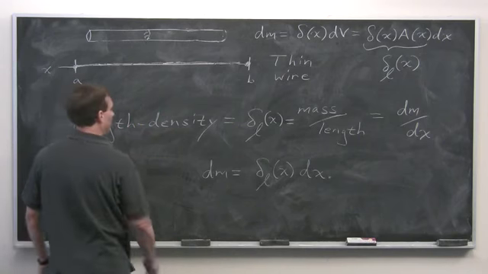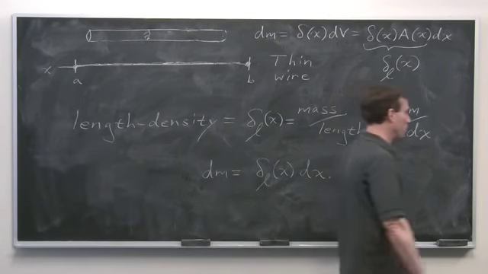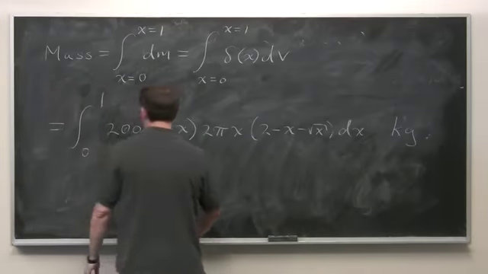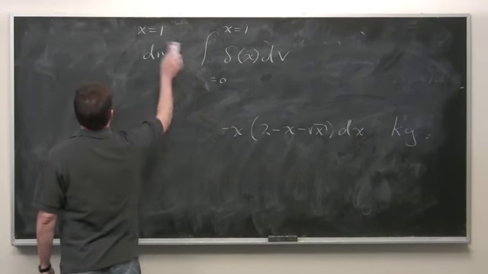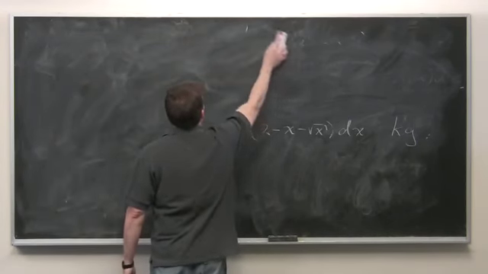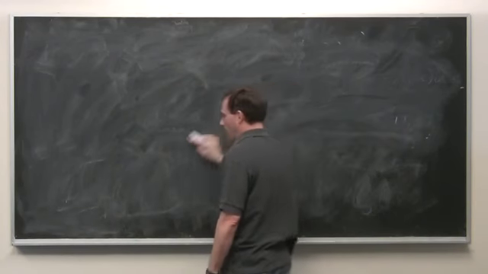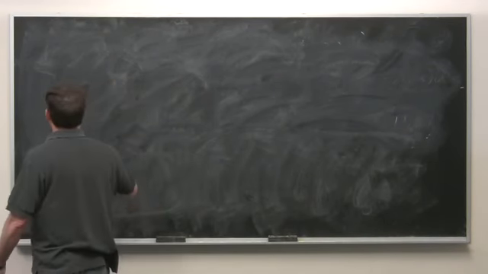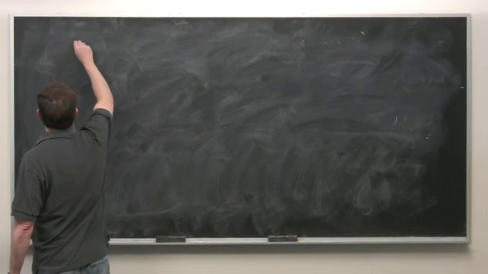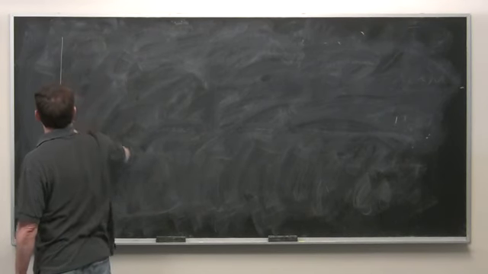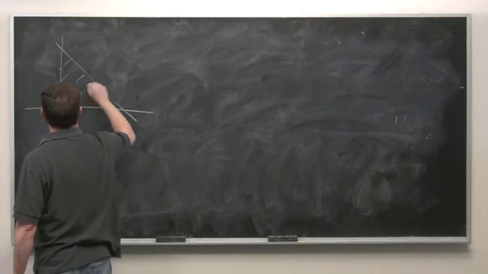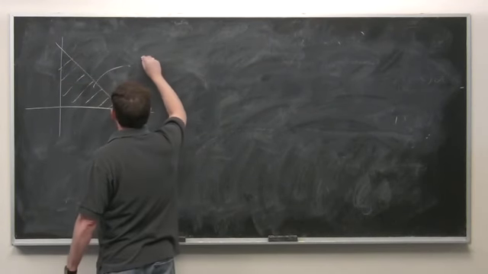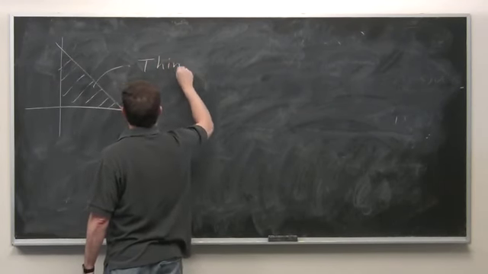It's also true that you can talk about an area density in the same way. You can make this rigorous in terms of volume densities, just as I did, but the way people talk about area densities, you've got some idealized two-dimensional object. So one of our examples will be a triangular metal plate. Think of a thin metal plate.